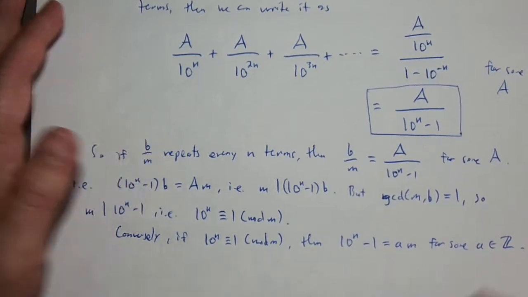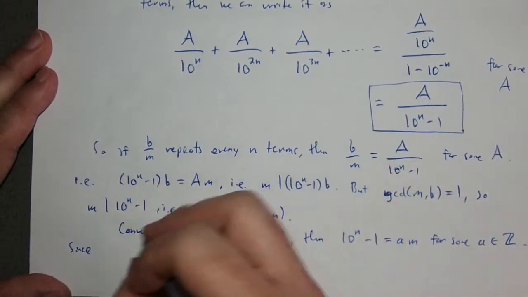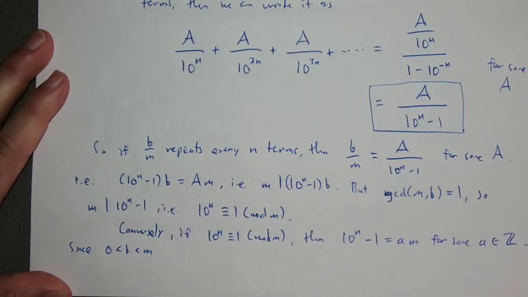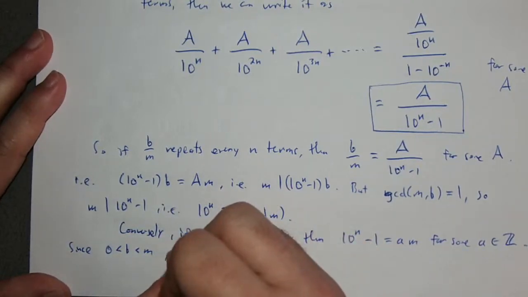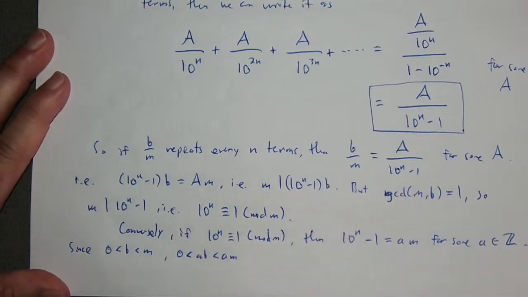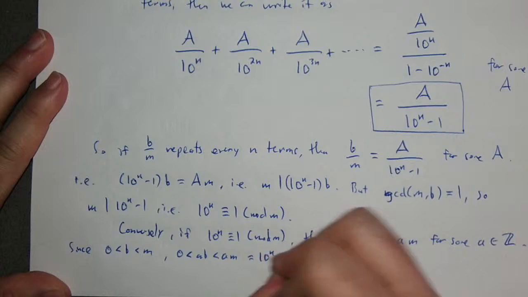Right. And since b is strictly between m and 0, ab is strictly between am and 0, but am is 10 to the n minus 1.